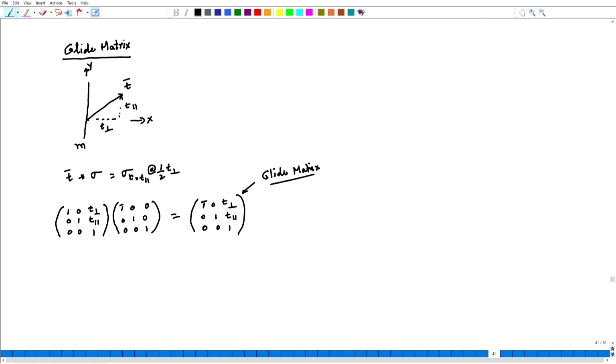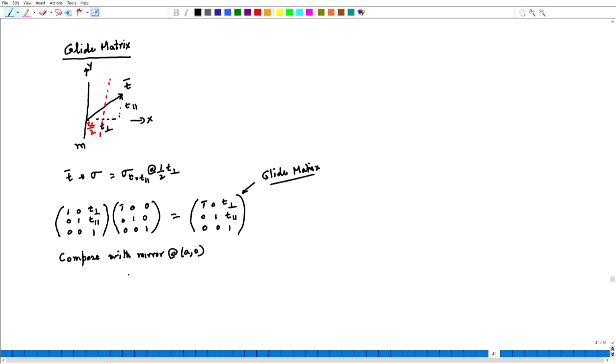Now, how do I interpret this? Because I have this t perpendicular and t parallel components are there. Let us compare with the mirror matrix. Now, before I proceed, I should know where is my glide. Glide is at t perpendicular by 2. So, compare with mirror, mirror located at a comma 0, recall.